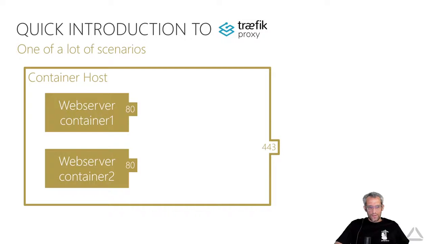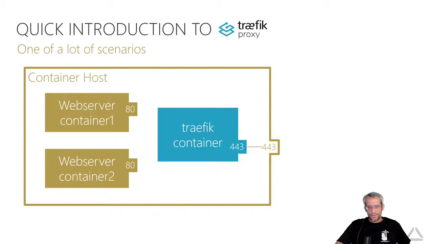So what we can do is we make port 443, and now this time, because we can also easily enable SSL, externally available, and Traefik is listening to that one. As you can see here, Traefik is not something that you install on the host typically, but instead it's also a container that is running and talks to the other containers. And what it can do is that it has a rule like this.